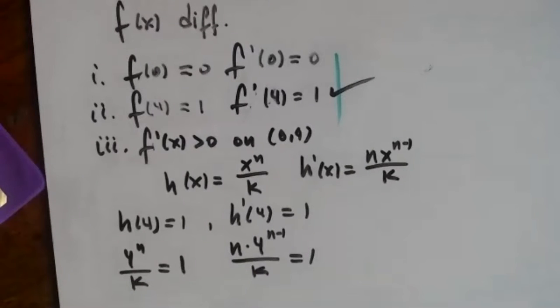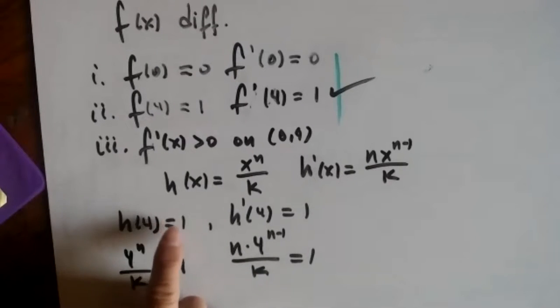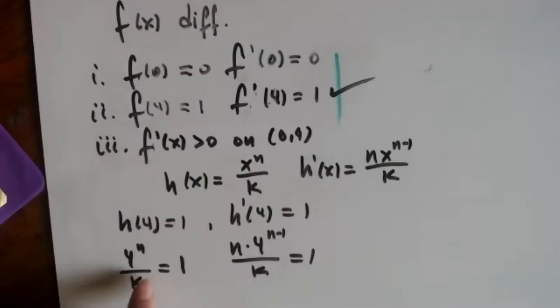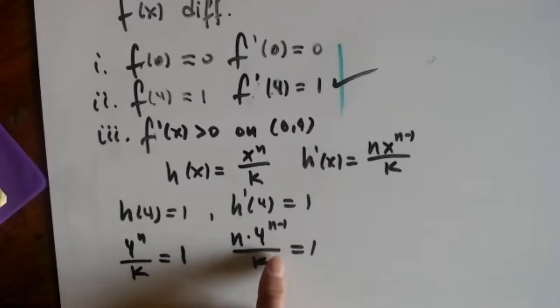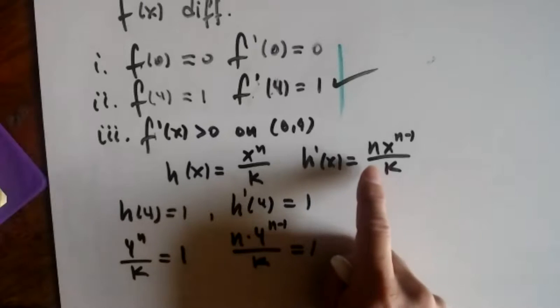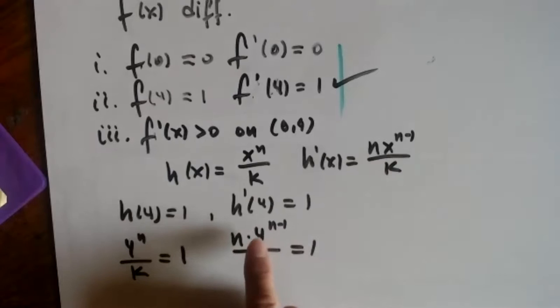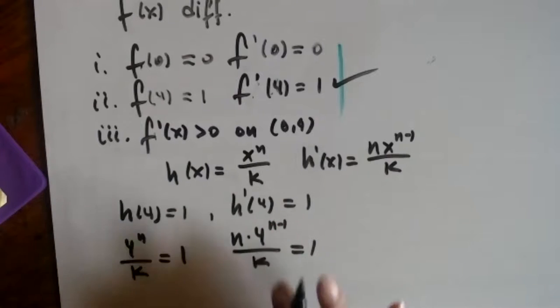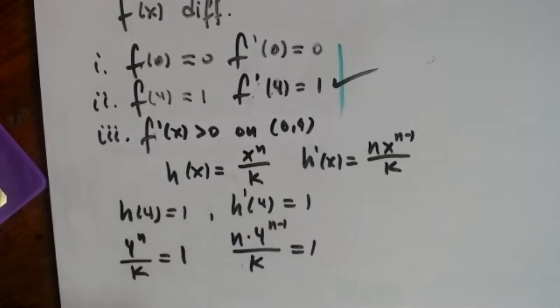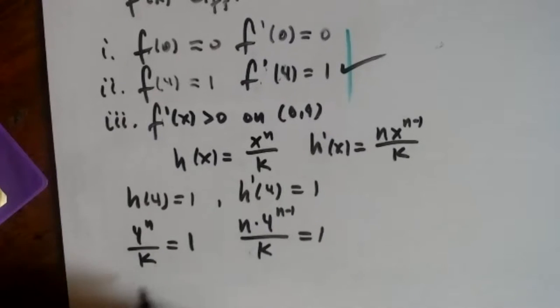So that's the derivative. What I'm doing is h of 4 is 1, so I put a 4 right here. 4 to the n over k is 1. Then this is the derivative, so I evaluate at 4. It says n 4 to the n minus 1 over k equals 1. Correct?